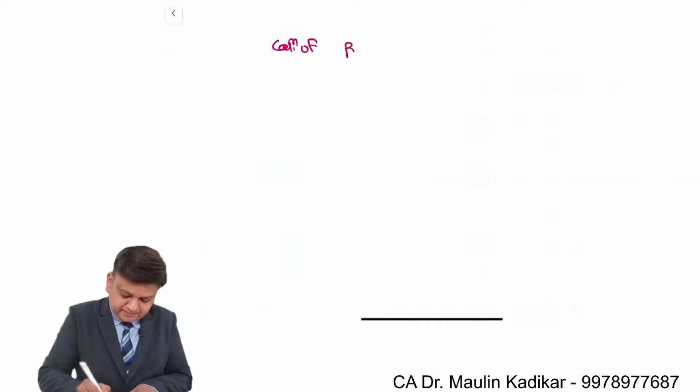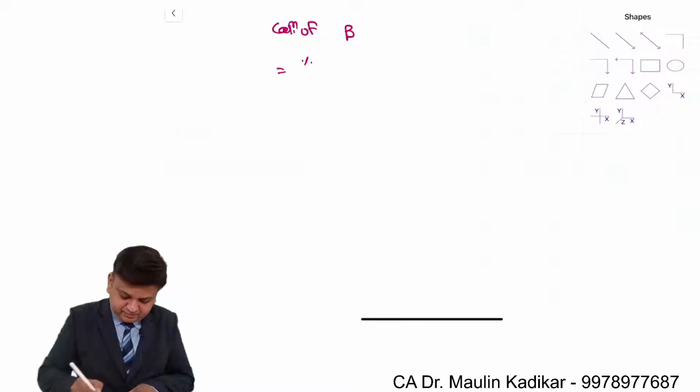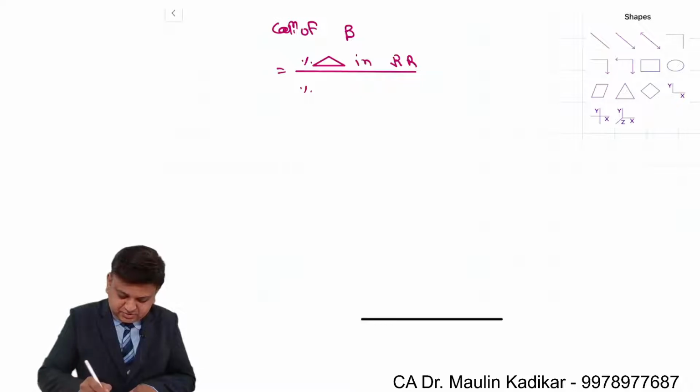Calculation of beta: percentage change in the required rate of return divided by percentage change in RM.